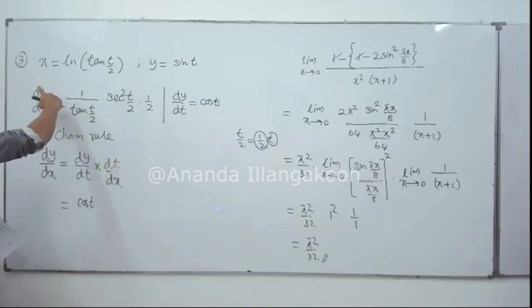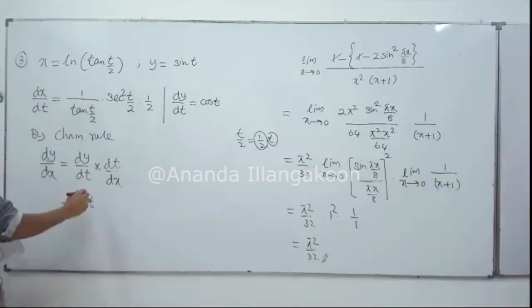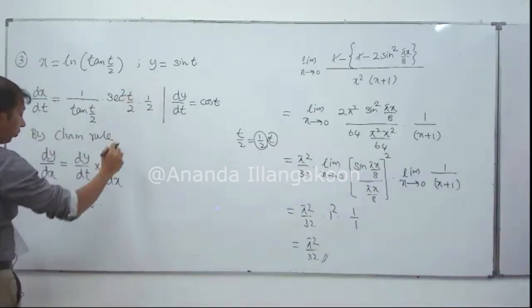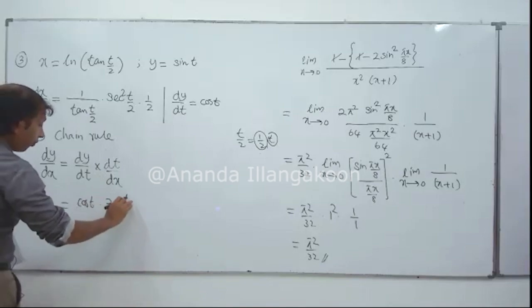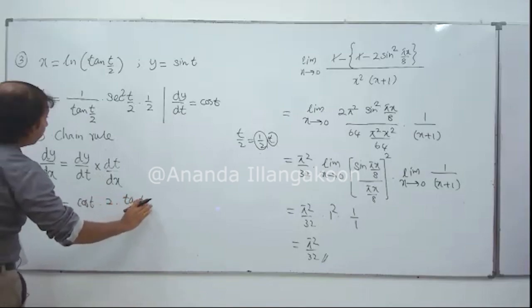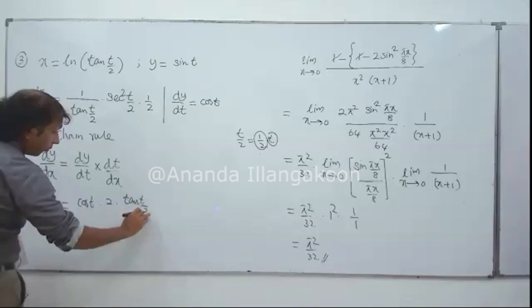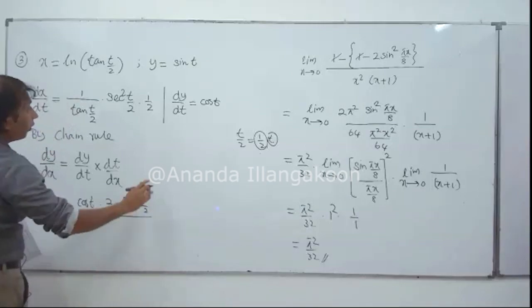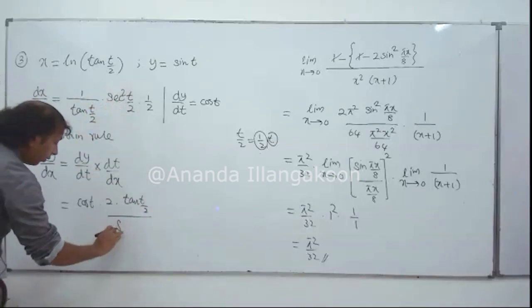Take this to the numerator, 2 also going to the numerator, 2 tan(t/2), and sec square t by 2 comes into the denominator like this.